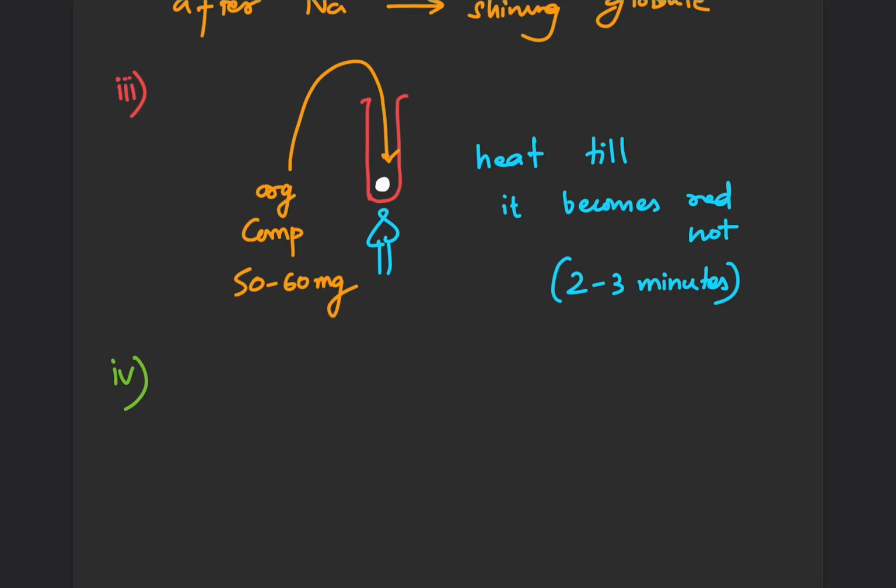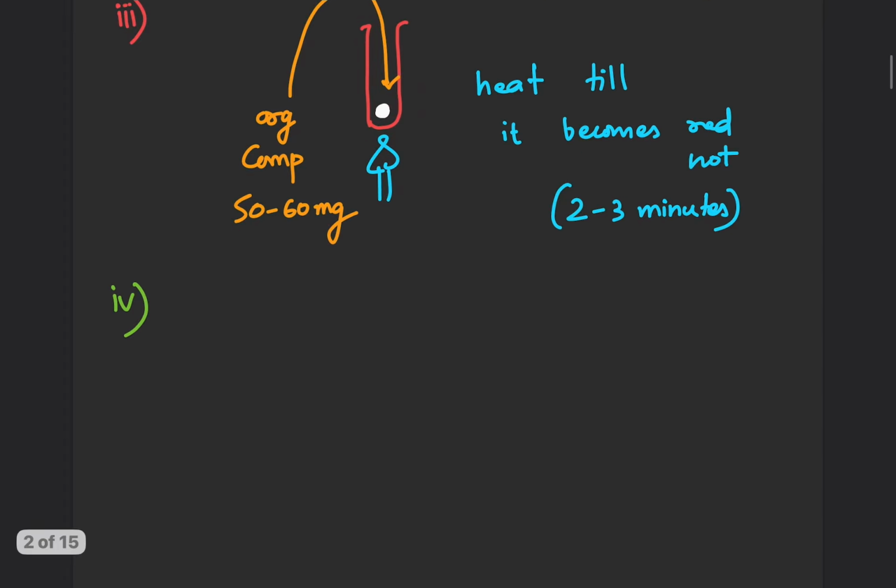In the fourth step, after this fusion tube has become red hot, we have a china dish which contains 10 to 15 ml of water. Okay, so let's say this is a china dish and we have some 10 to 15 ml of water.